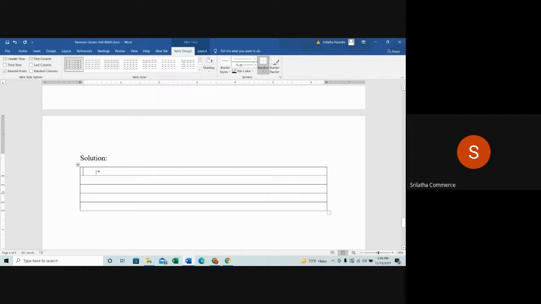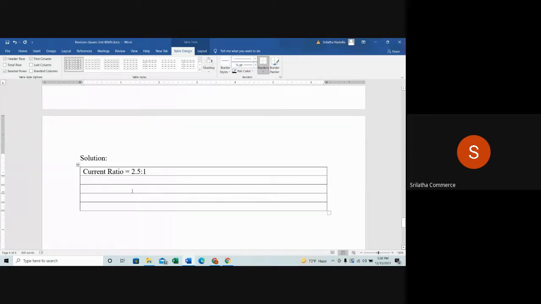Current ratio given is 2.5 to 1. Means when your current assets are 2.5, your current liabilities will be 1.